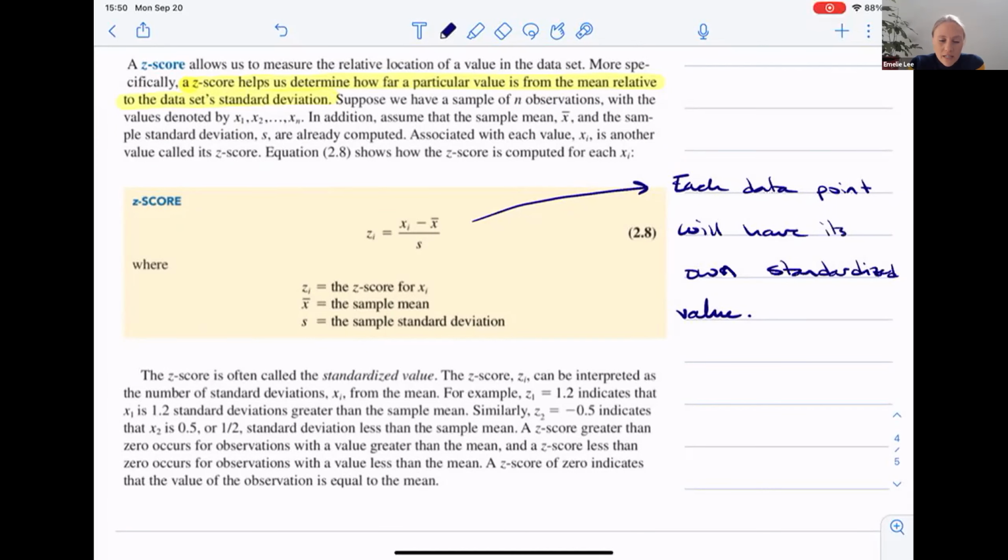If a value of X is below the mean, how's that reflected in our Z-score?